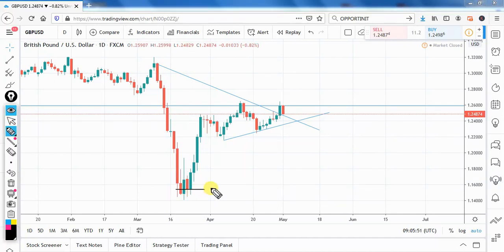Of course, it's too early to say, but we need to have the bigger picture in mind, because this is swing trading and it can take a long time, and over time it can get down to this level. However, we do not know this, and we need to see how the price is going to behave for the next week.